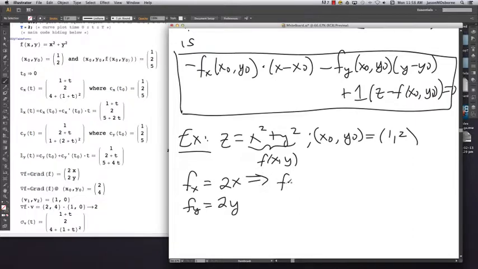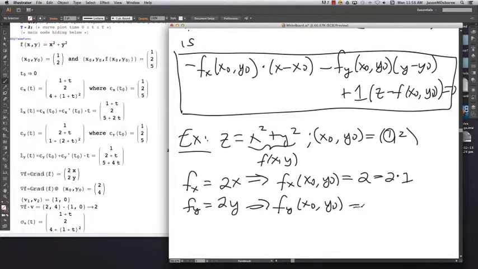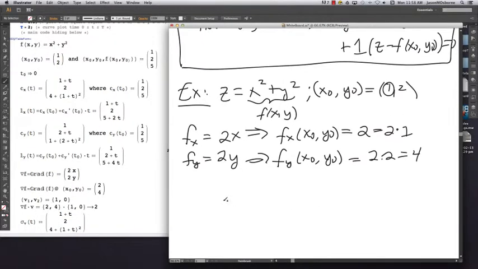Therefore, the partial derivative with respect to x evaluated at x naught, y naught is 2, which is the same thing as 2 times 1. The partial derivative of f with respect to y, evaluated at x naught, y naught, is 2 times 2, which will give you 4.